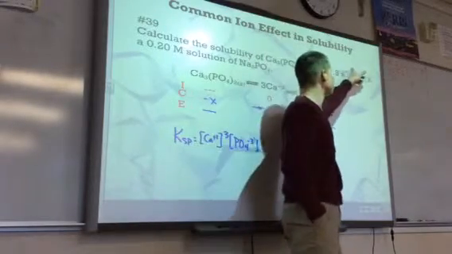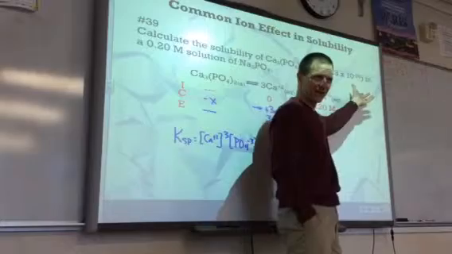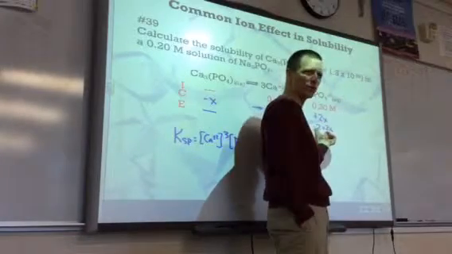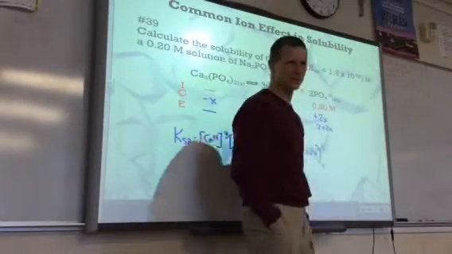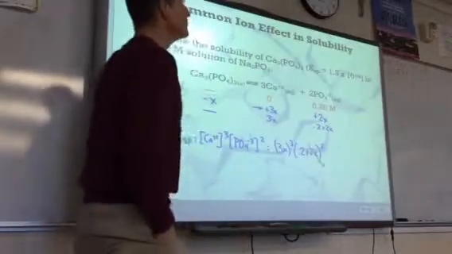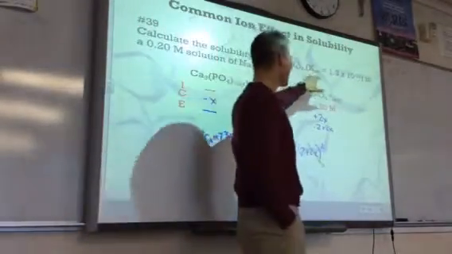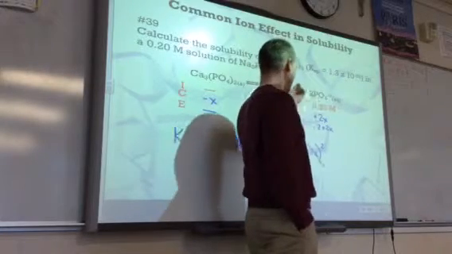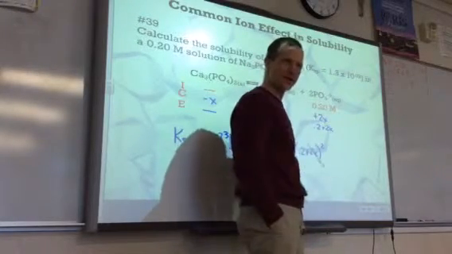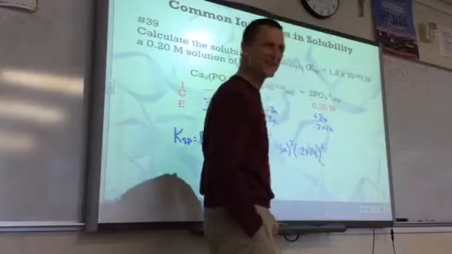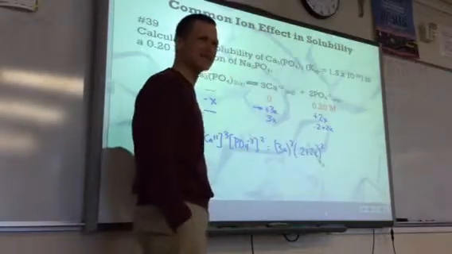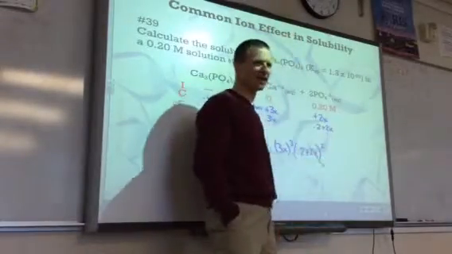You're going to take the 5th root of this number, which is 10 to the negative 6. But compared to 0.2, that's minuscule. So you'll take that K and take the root, whatever root is the same as how many ions it gives off. So you almost always neglect that? Yes. Yeah, neglect the change. Okay.